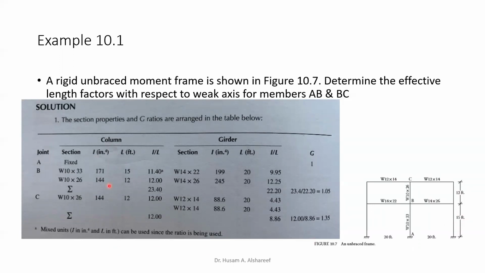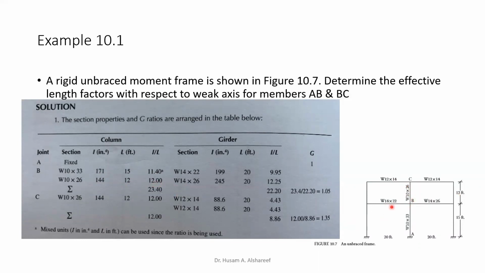Dividing 171 over 15 gives you 11.40. You do the same thing with the W10 by 26 from the same page of the appendix. You'll find the value of I, and the length of 12 is given for column BC. Then you divide 144 over 12, and you should have 12. Those are for the columns.